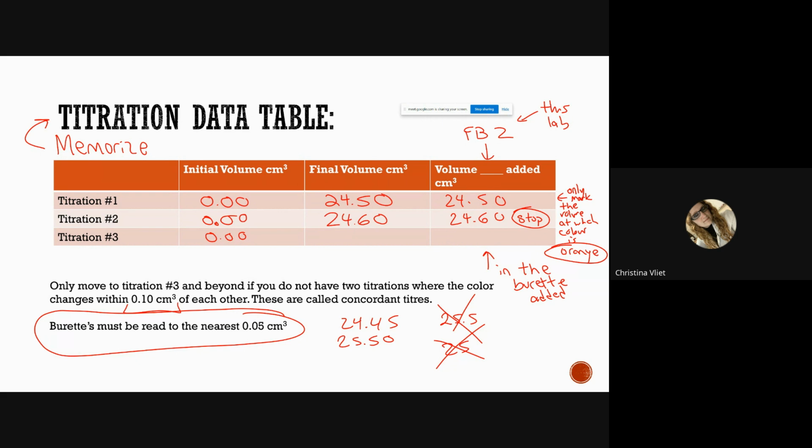You're not doing any math today, just write your measurements. You're just doing the experiment.